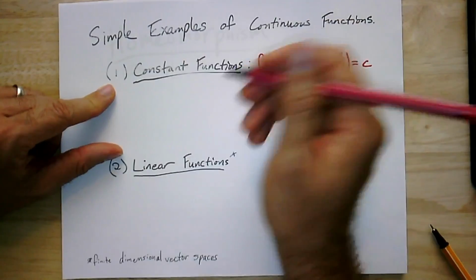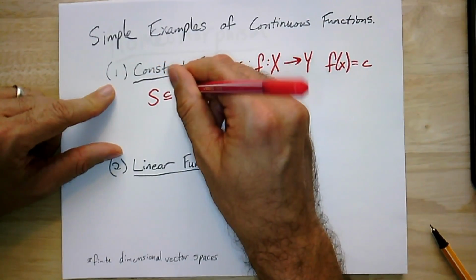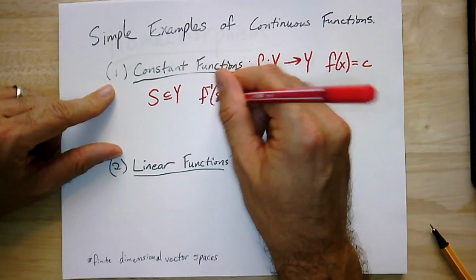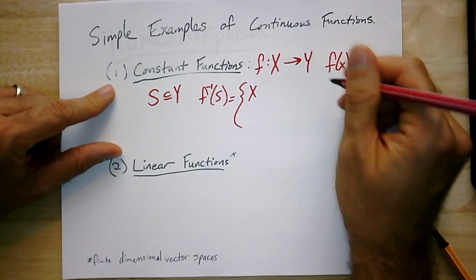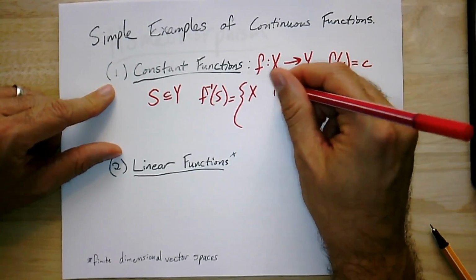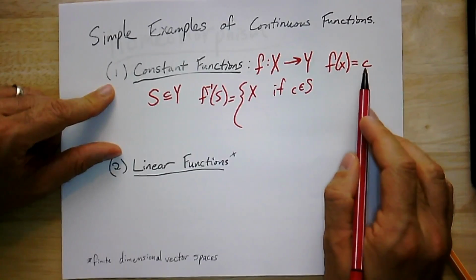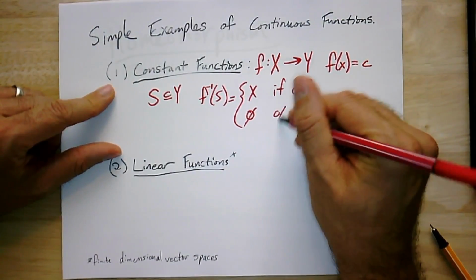And you can check this as well, right? If I have some open set S in Y, then the pre-image of S is equal to one of two things. It's either equal to X, that is the entire space, if my special point was in that set, or it's equal to the empty set otherwise.